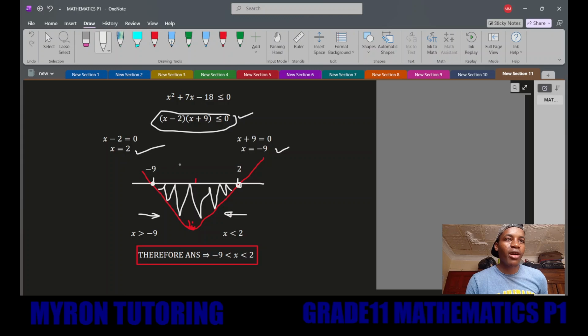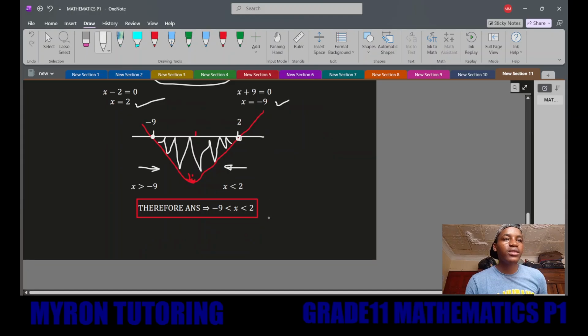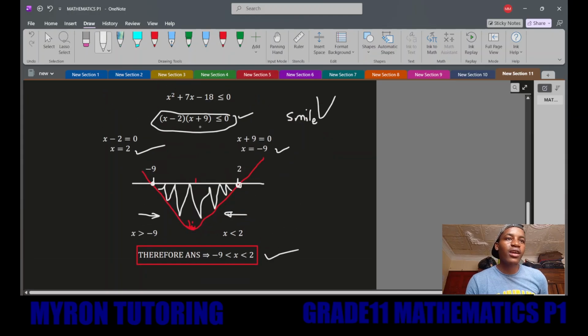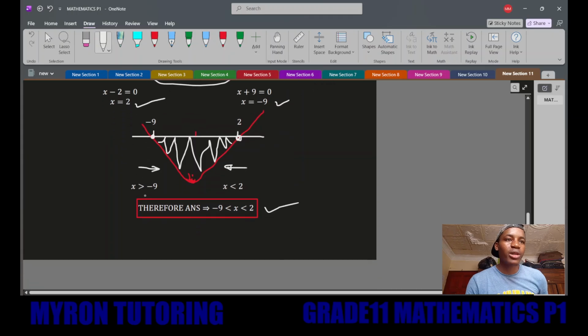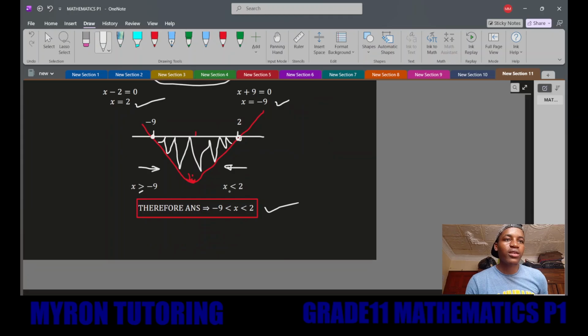X squared is concave up, it's a smiley, it's a smile. Where is it less than 0? Then we have this. But they said less or equals to, so we must not forget to put the equals to there.